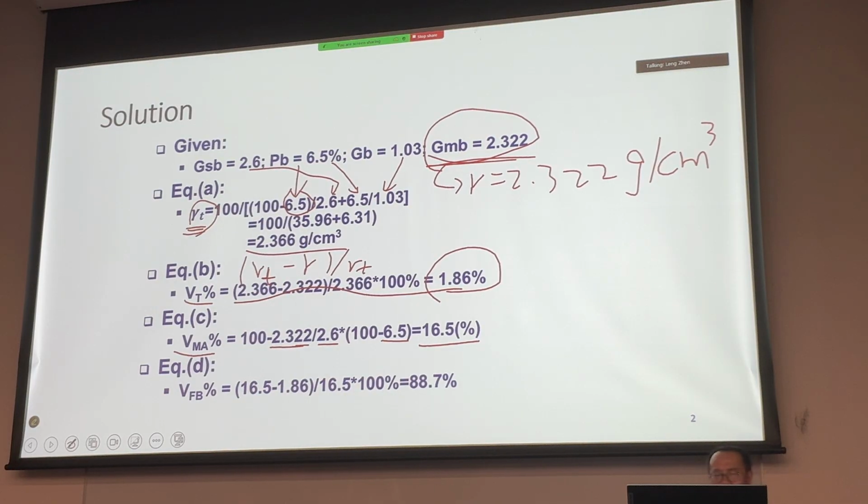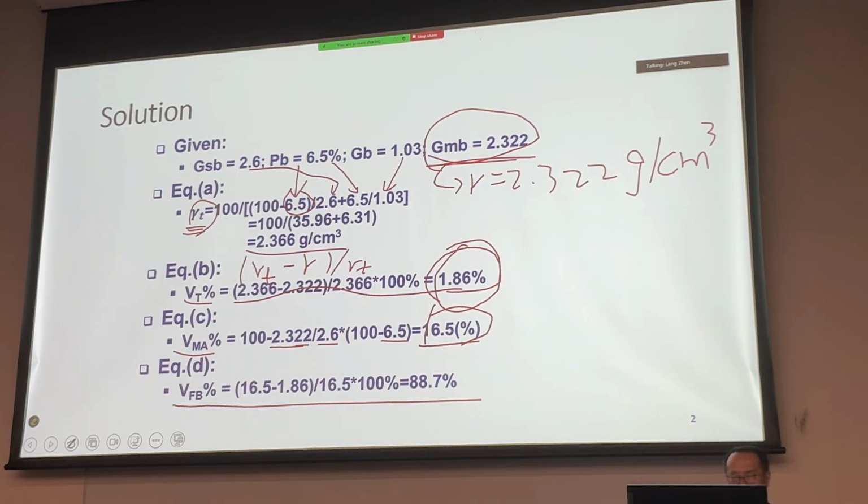Because the air void only fills 1.86% of total volume, but the total volume between every particle is 16.5%, which is much larger. That means the remaining part of the void is filled with the binder. Which is this one, VFB, void filled with bitumen or void filled with binder.